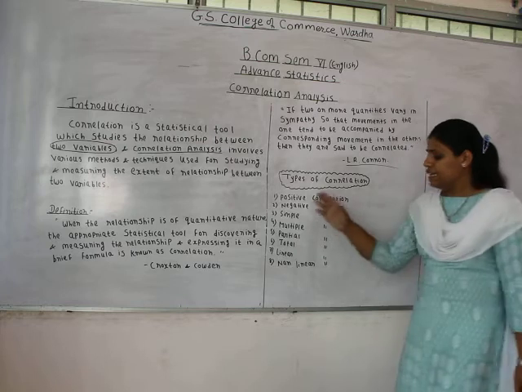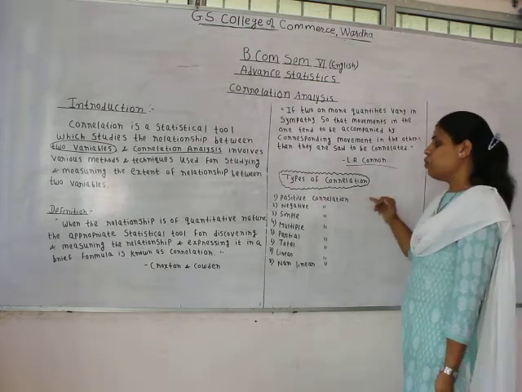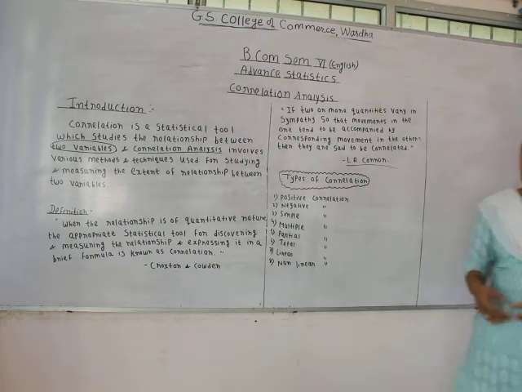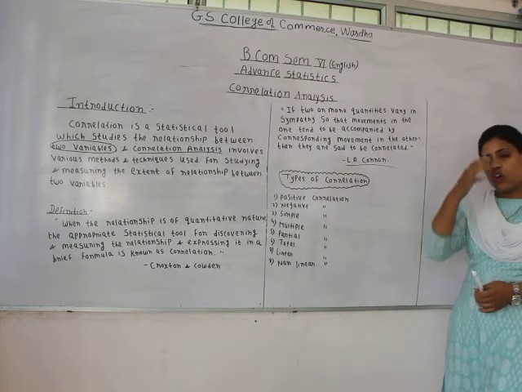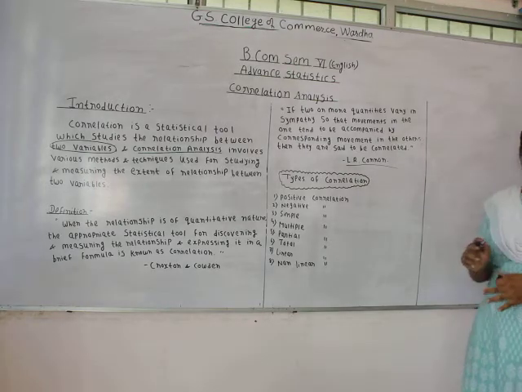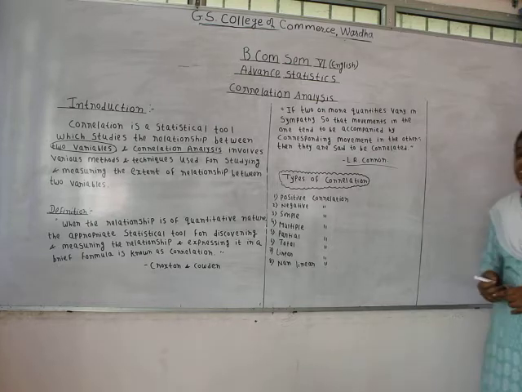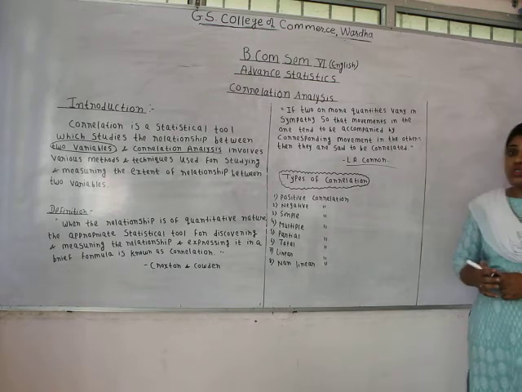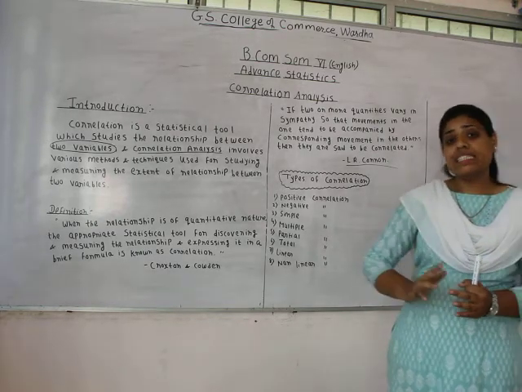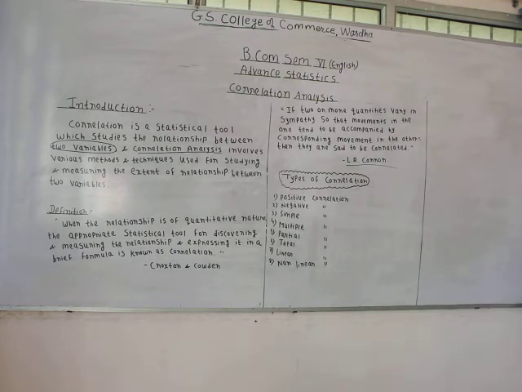Now we will see the different types of correlation. Basically there are 8 types that we are going to see here. The first one is positive correlation. Now we have seen the meaning of correlation, and next we will see the meaning of positive correlation. We will consider there are 2 variables, and when both the variables show movement in the same direction, they are said to be positively correlated.